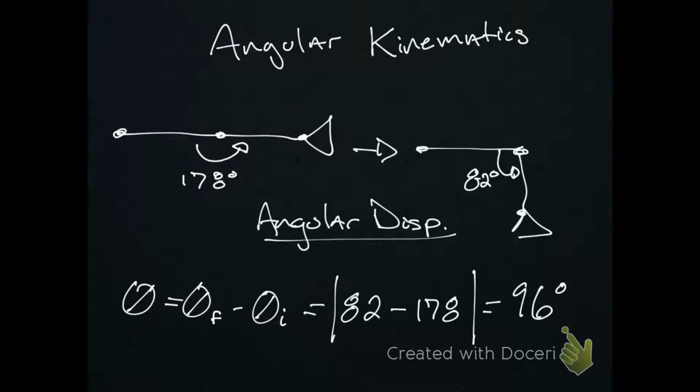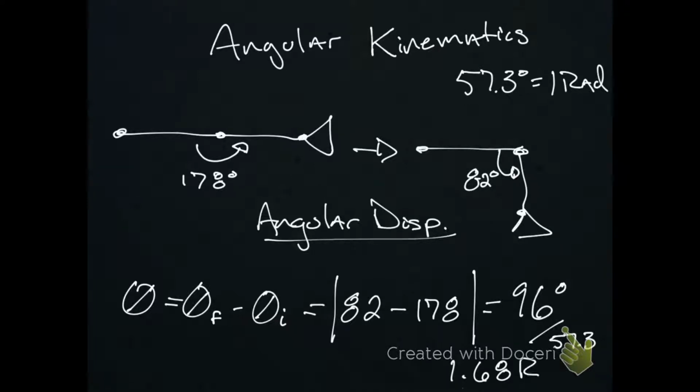Oftentimes we'll go to radians, and if we remember right, there are 57.3 degrees in 1 rad. So if we take this 96 and divide it by that 57.3, what we get is 1.68 rads. So we have two potential answers here for this one, 96 degrees or 1.68 rads.